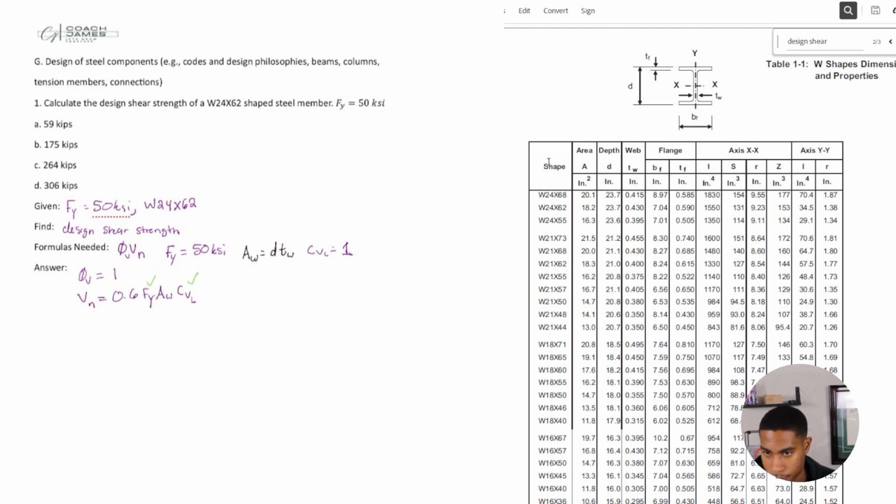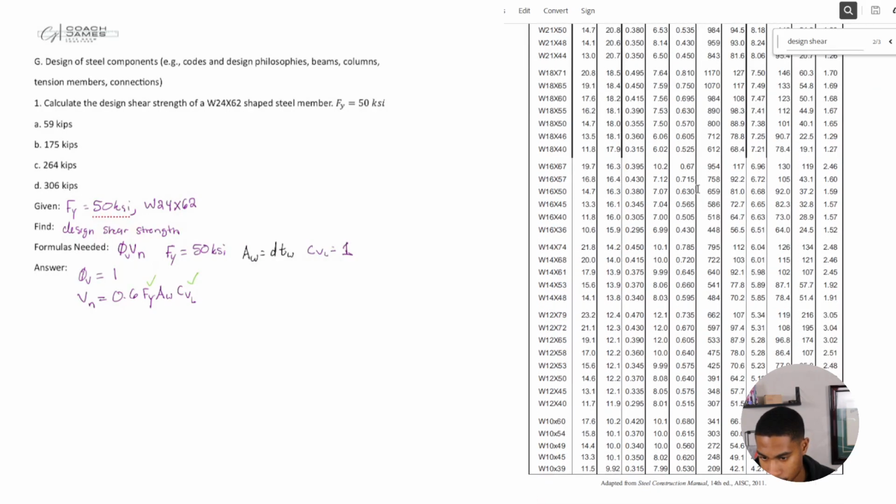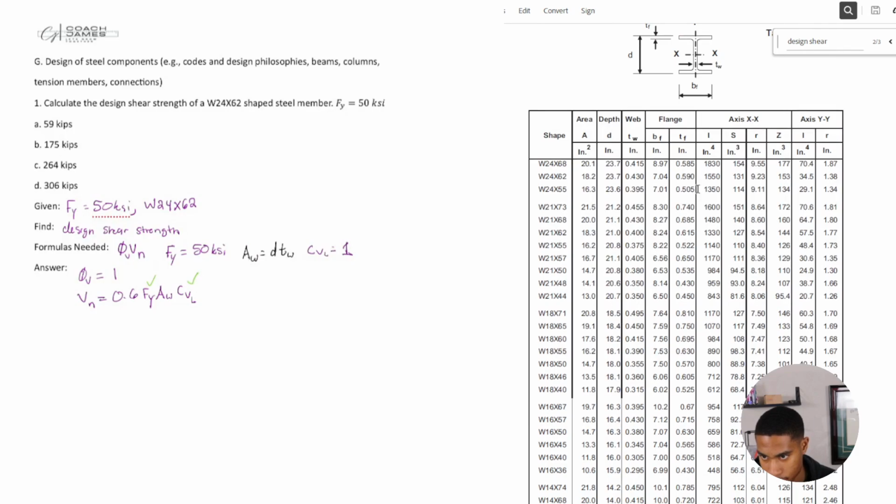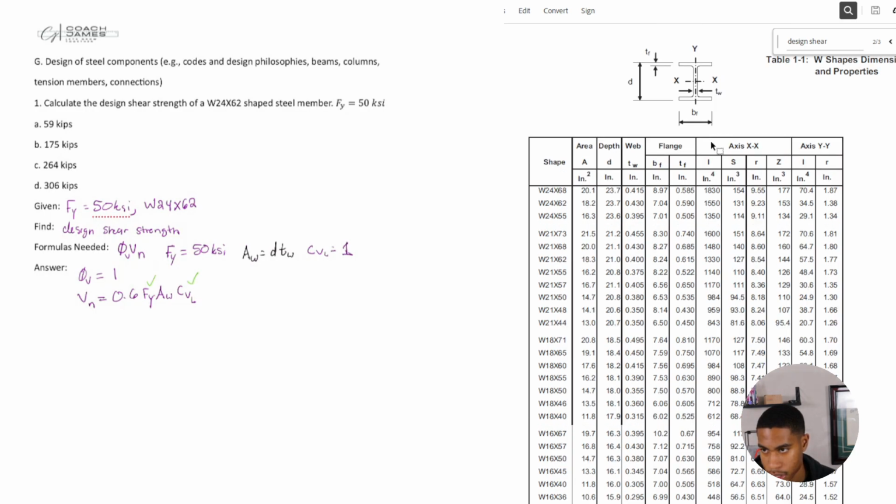You can go through and get the area, the depth, the web thickness, bf, and the moment of inertia of these different shapes.